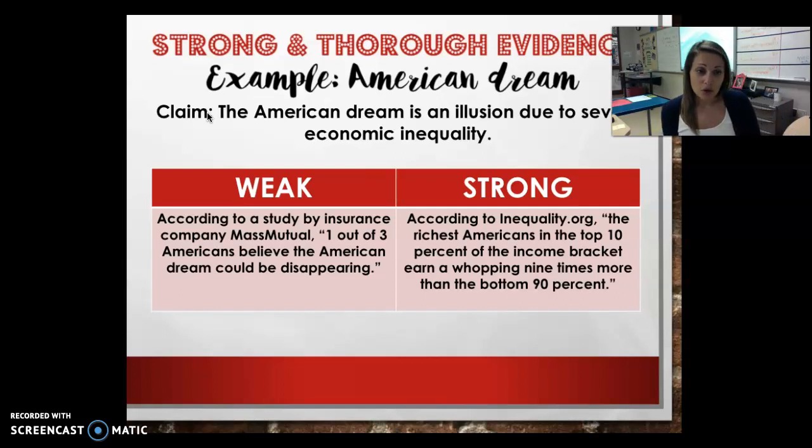A stronger piece of evidence would be, according to inequality.org, the richest Americans in the top 10% of the income bracket earn a whopping 9 times more than the bottom 90%. So this piece of evidence clearly illustrates inequality, which directly ties to our claim.